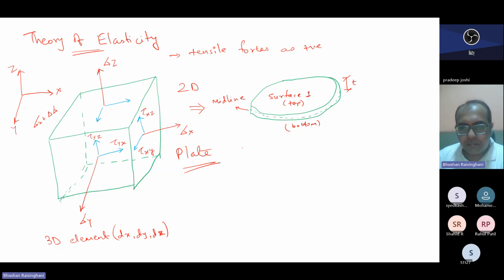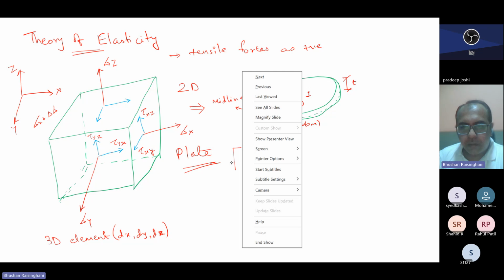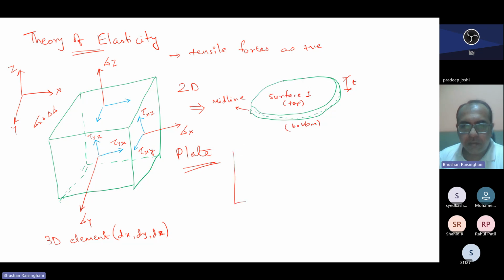So basically what is it that we are doing? We are having a 6 by 6 matrix in which it is sigma x, sigma y, and sigma z. This will be tau xy, tau xz, tau yx, tau yz, tau zx, tau zy.